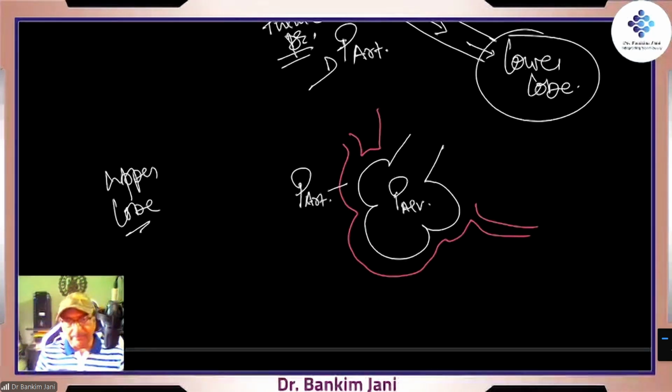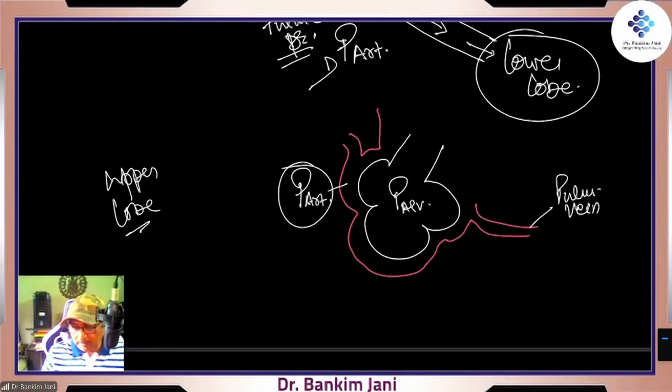On one side we have the artery, and on the other side the pulmonary vein. On one side there is the arterial system, on the second side the venous system, and in between these are the alveoli. So pressure 1, pressure 2, pressure 3.